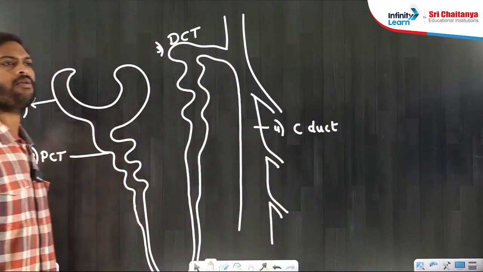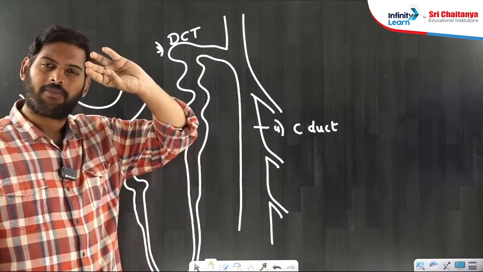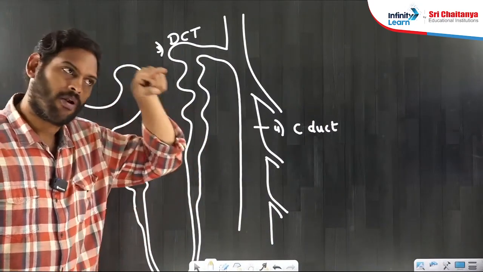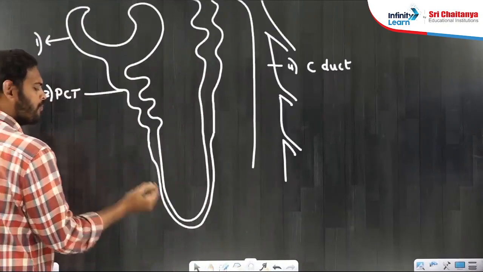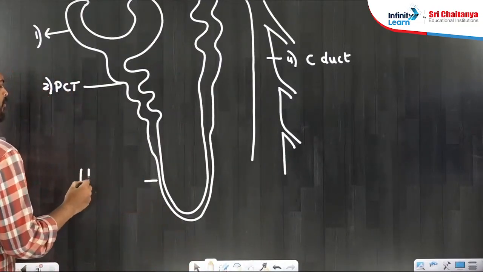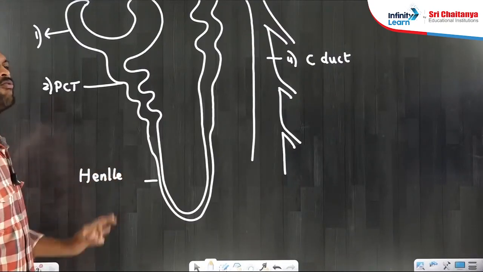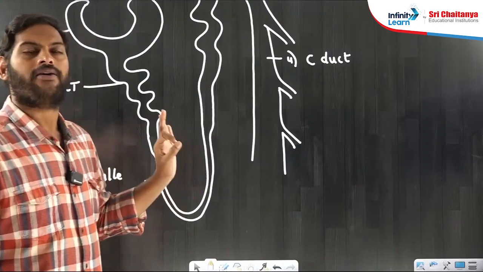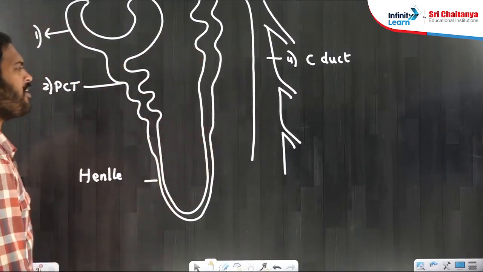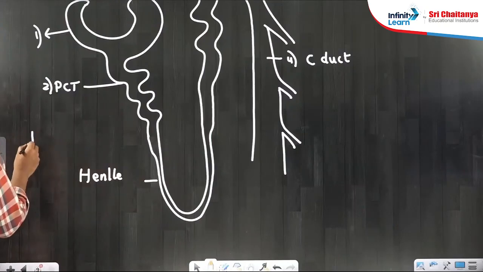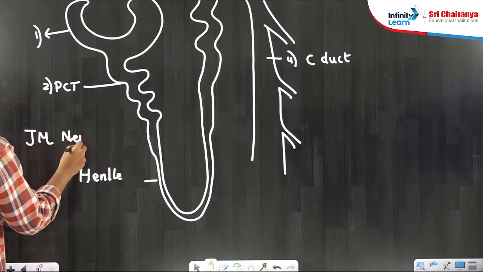All these things are more or less common in all nephrons, but less than 20% nephrons will also consist of a U-shaped structure referred as loop of Henle. Every nephron does not have loop of Henle. 15 to 20% nephrons will only have loop of Henle. We refer such nephrons as juxtamedullary nephrons.